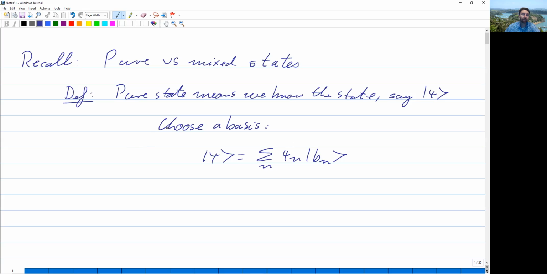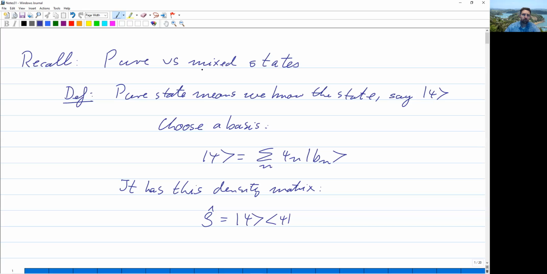For a pure state, we don't really need to use the notation of a density matrix. We can if we want to, but we don't have to, because for a pure state, we can just write |psi>. But we can also use its density matrix. Namely, rho hat is equal to |psi><psi|.